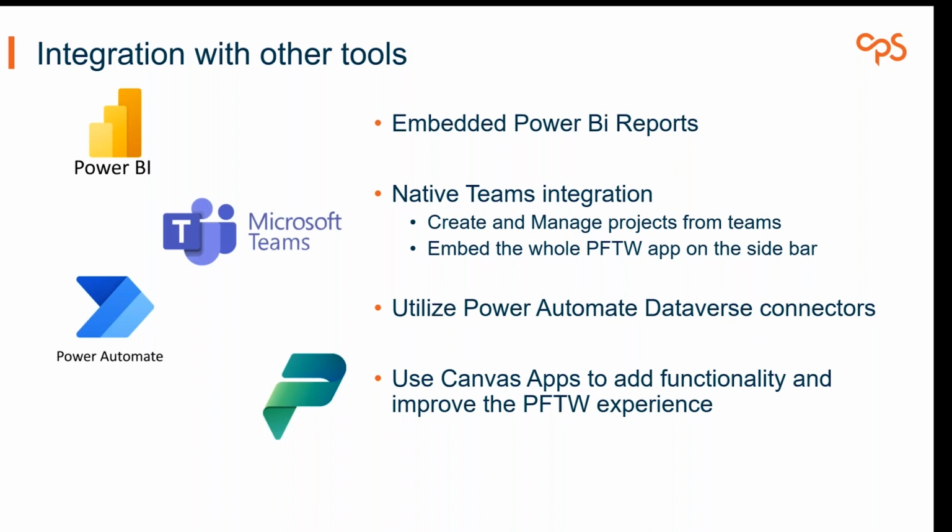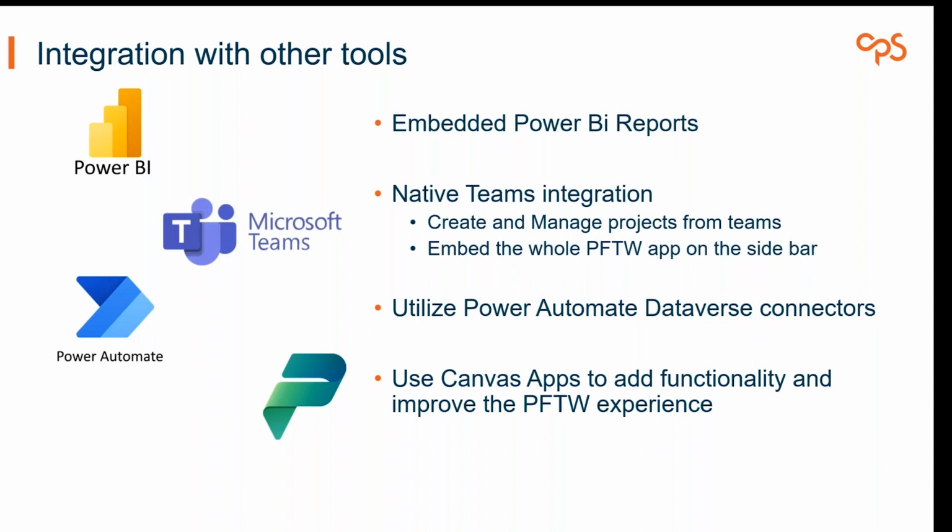It's really easy to integrate that with Project for the Web due to the fact that we have access to those Dataverse connectors in there. And anyone who's worked with Power Automate before will know that if you've used it with Dataverse, at least, it has a really wide range of things you can actually use for triggers and different things you can send with that tool.